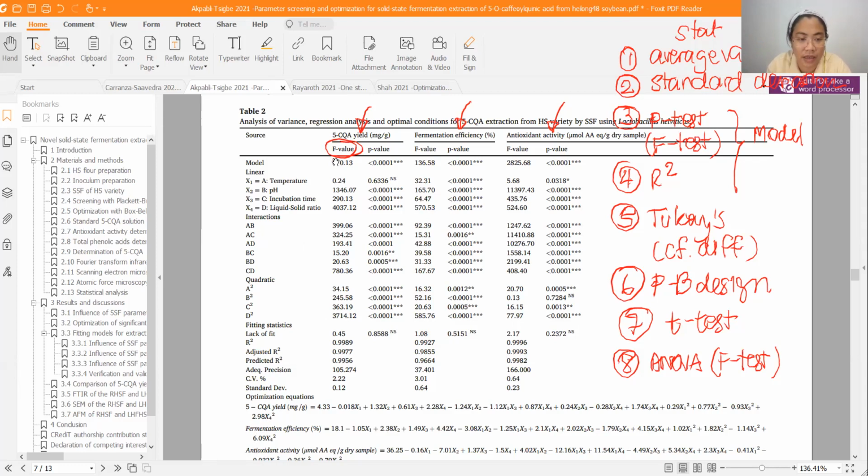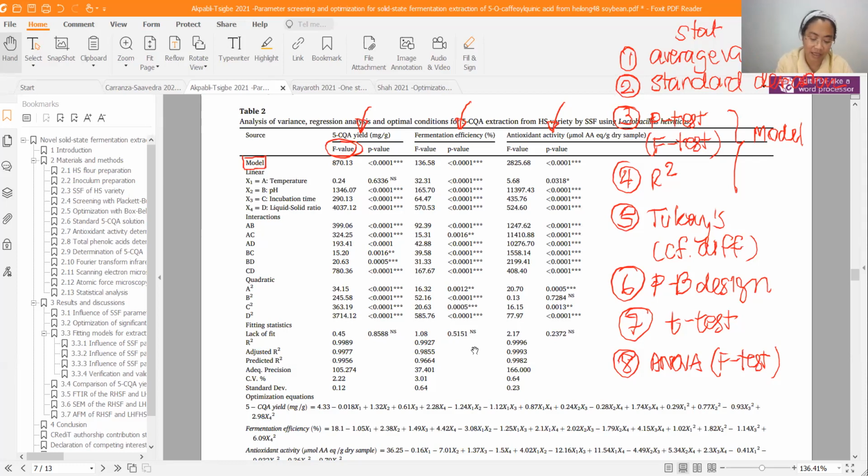And each term, you see the tests that they do, the first one is the model. So whenever you see p values, that is one test. With this one, how many tests?